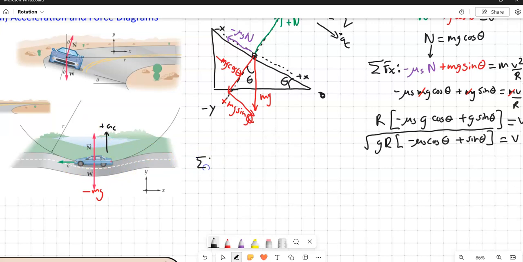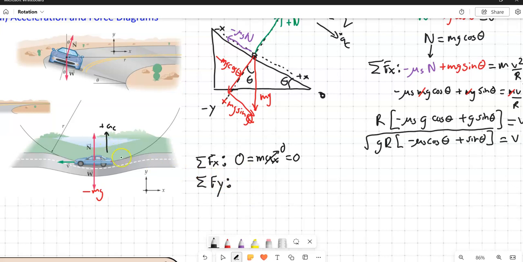So when we sum the forces in our x direction here, we're going to have no forces in the x direction. Then we sum our forces in the y direction. It's going to have an interesting result.